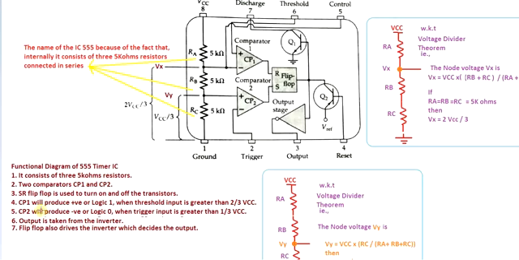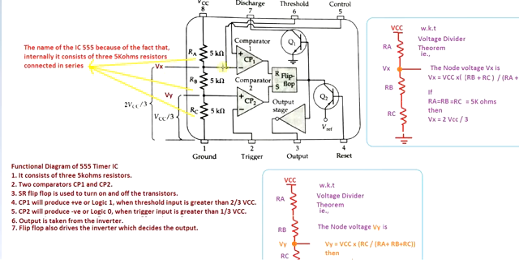CP1 will produce a positive, or logic 1, when the threshold input is greater than 2/3 VCC. Basically, when the threshold input is 0, obviously Vx is already 2/3 VCC with respect to the ground at this node, which is applied here.